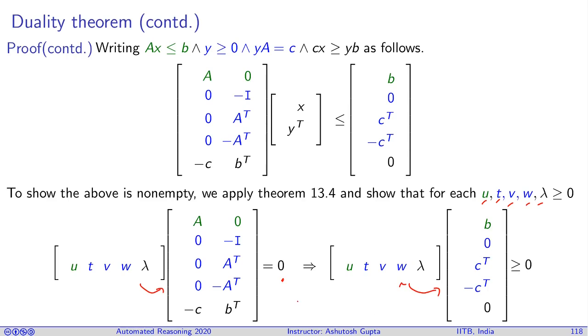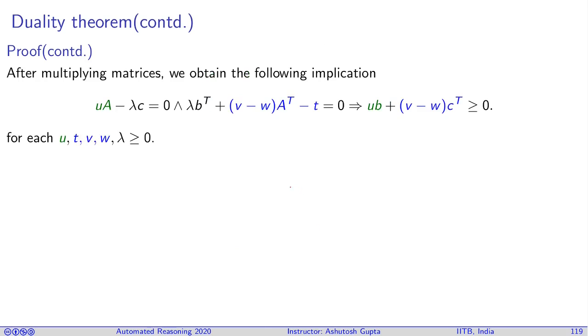If this implication always holds, then we have satisfiability in this constraint. We will show that this is the case. Let's apply this multiplication and get into a simplified form. If we do the multiplication, we obtain this constraint.